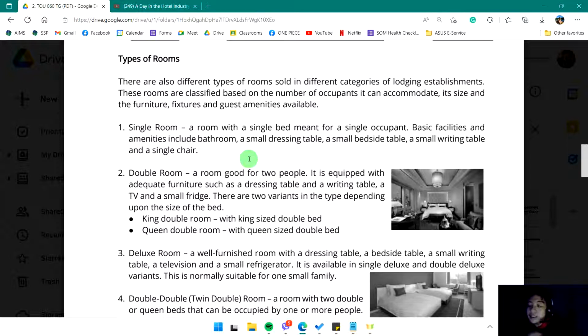And there are two types of double rooms. We have the king double room and queen double room. Pinagkaiba lang naman talaga nila is kung ano yung klase ng kama na nandun sa loob. Kung king size ba or kung queen size yung bed na yon.